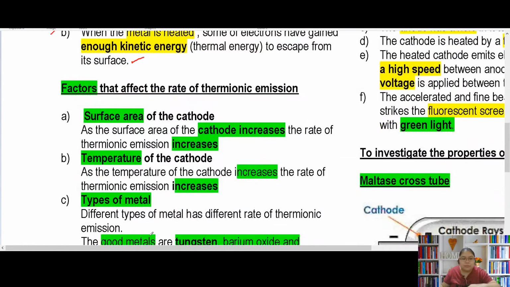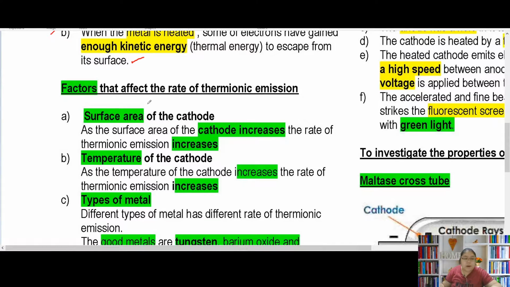Now we're going to see some factors that help thermionic emission become better, so they make thermionic emission faster. We have three factors. Let's see the first one, surface area.